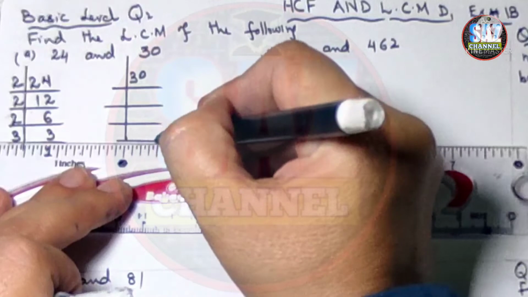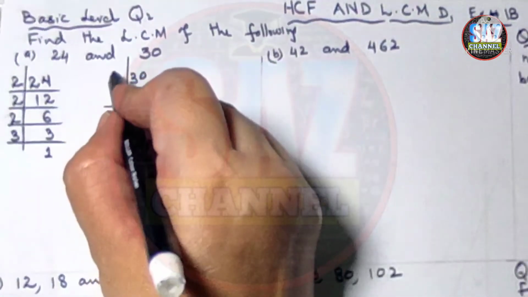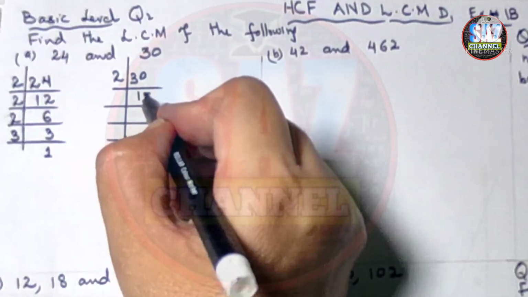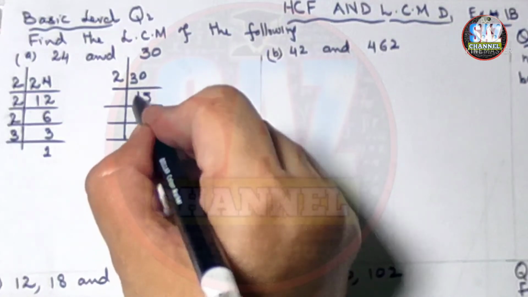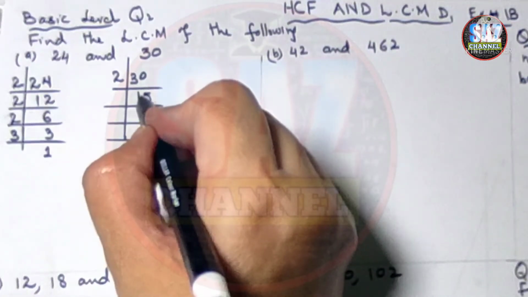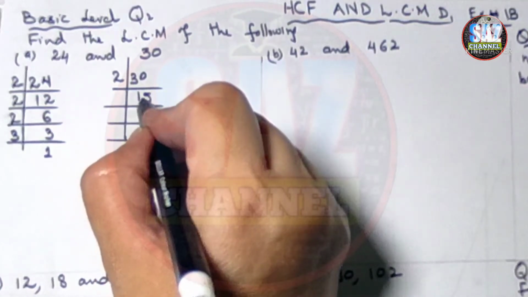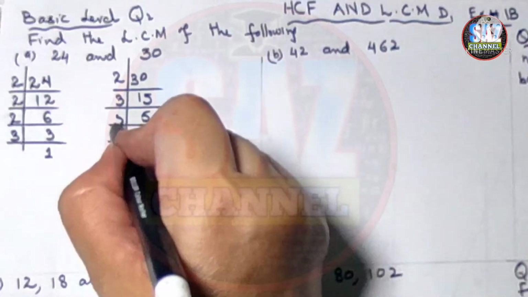So which number is suitable? Table of 2 to 15 times. And now look, the unit digit is not 2, it's not a multiple of 2, it's not even, I cannot go for 2. And then 5 plus 1 is 6, so I can easily go with the table of 3. 3 how many times? 5 times. And 5 how many times? 1 time.